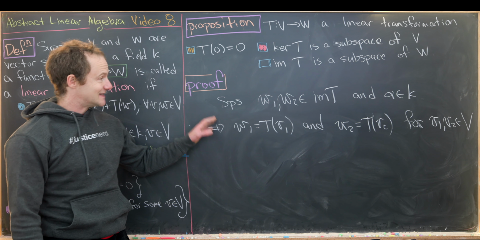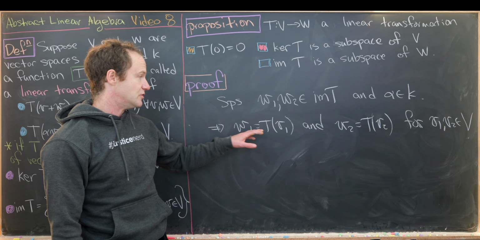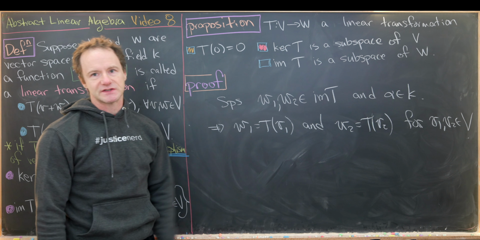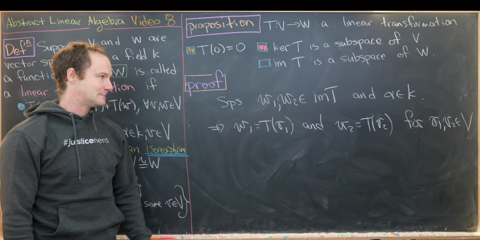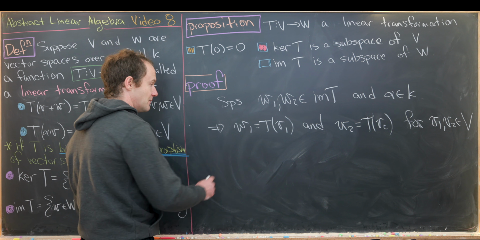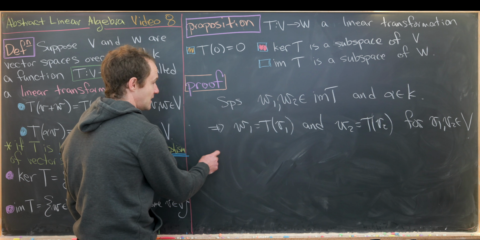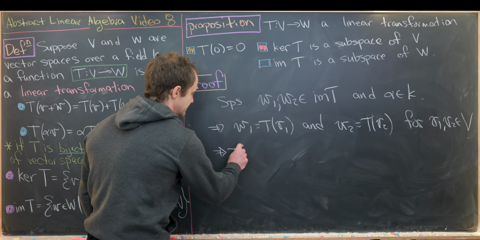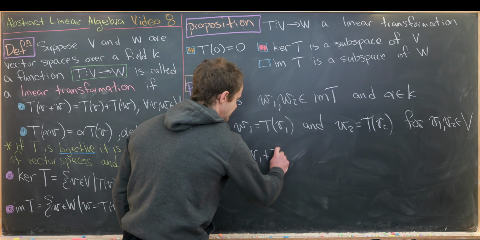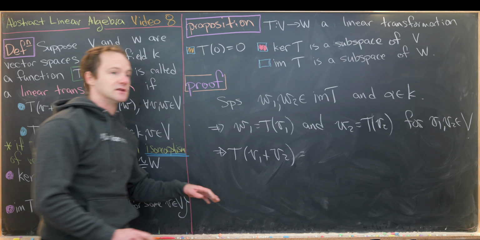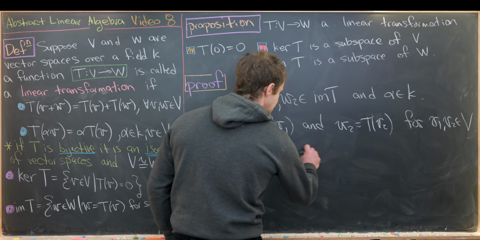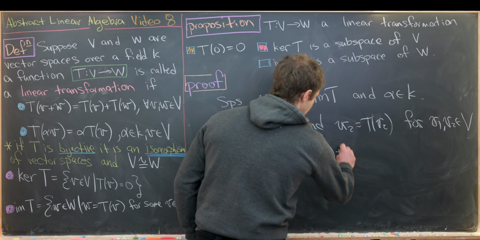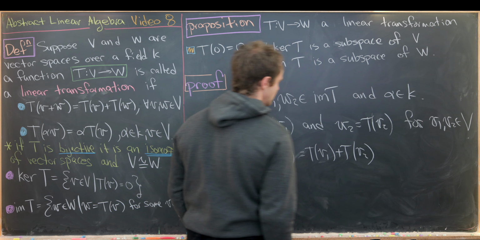Great. So anyway, to get into the image, it means that you must be the image of a certain vector from the domain. But now let's look at the sum of v1 and v2 and apply T. So if we do T of v1 plus v2, since it's a linear transformation, we get T of v1 plus T of v2.